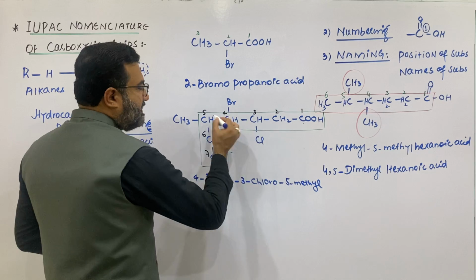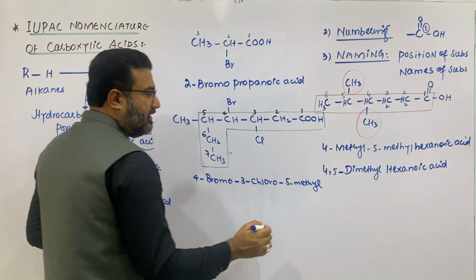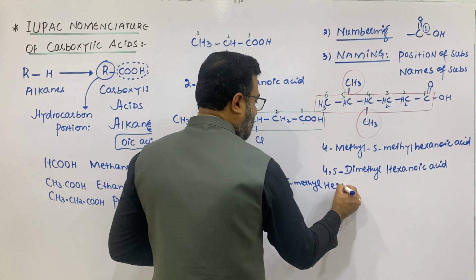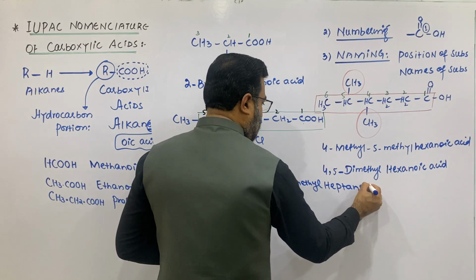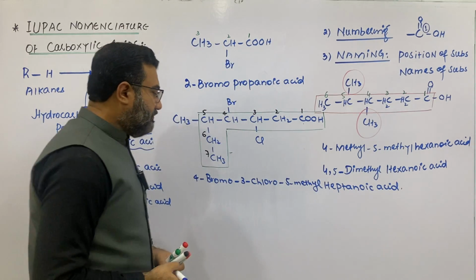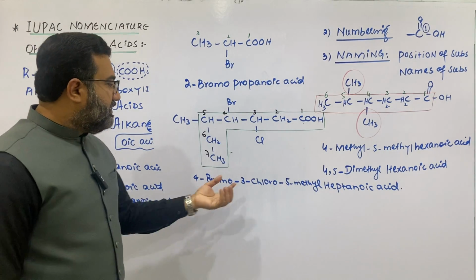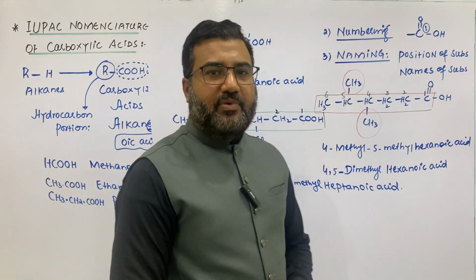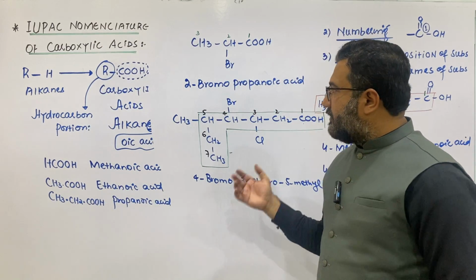And how many carbons are in this main chain? 7. So the alkane with 7 carbons is called heptane. It will be heptanoic acid. So 4-bromo, 3-chloro, 5-methyl heptanoic acid. That will be the IUPAC name of this carboxylic acid.